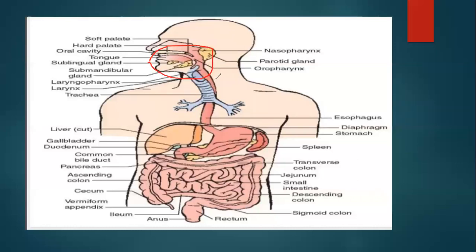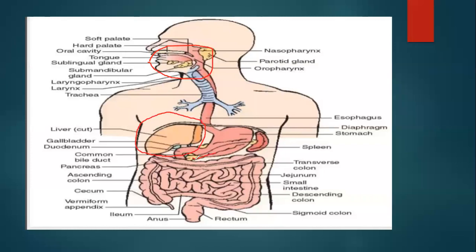Another associated gland is the liver, the heaviest organ. And another associated gland is the pancreas, beside the duodenum.